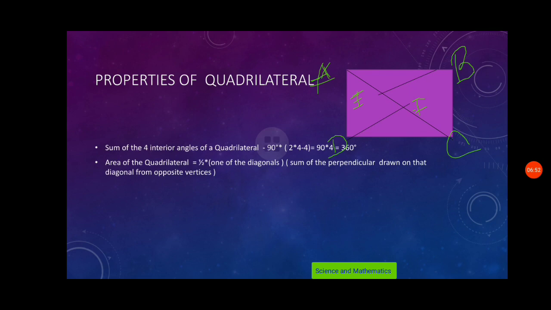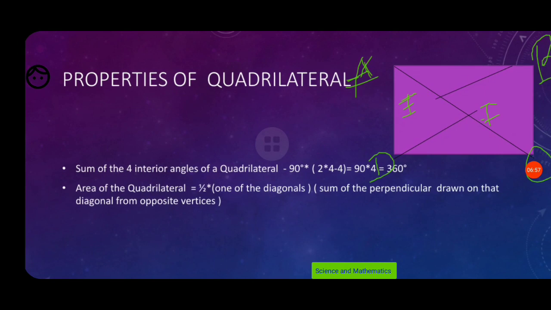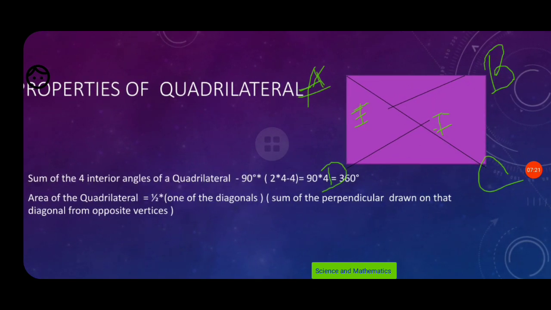The sum of the perpendiculars drawn on that diagonal from the opposite vertices: the perpendicular BE meets the diagonal AC at E, and the perpendicular DF meets the diagonal AC at F.